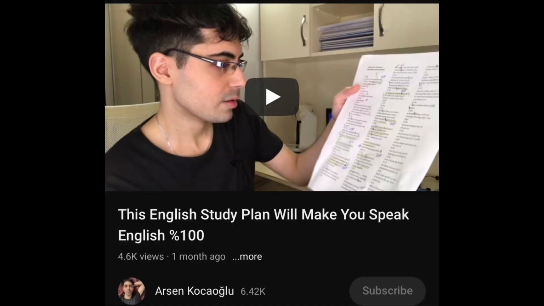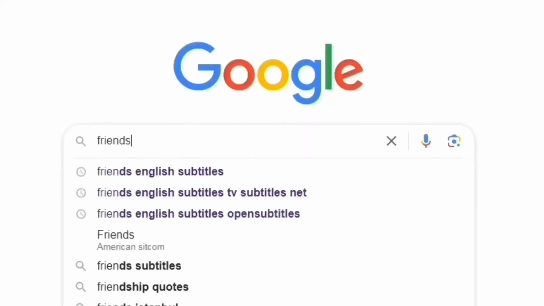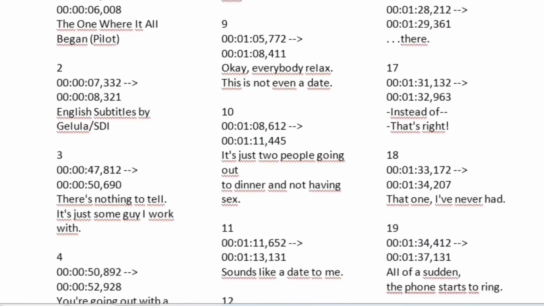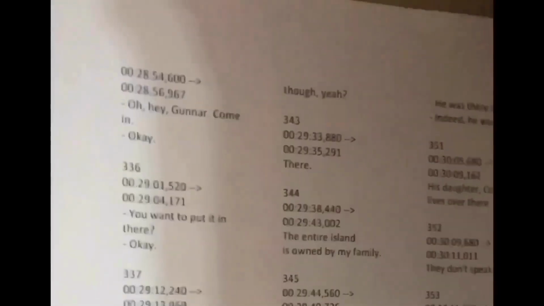The other thing is, whatever study plan that you choose to follow, you choose to learn English with, you need to make your preparation process beforehand. You need to make sure that you complete your preparation process before you actively start to learn English. So technically, you get your scripts, you check out those lines one by one, you check out the words that you don't know, and you write down the meaning of those words for every single episode that you're gonna work with.